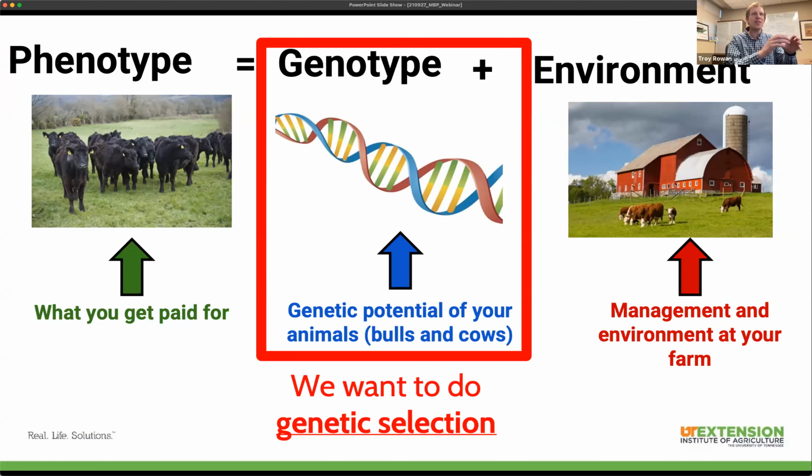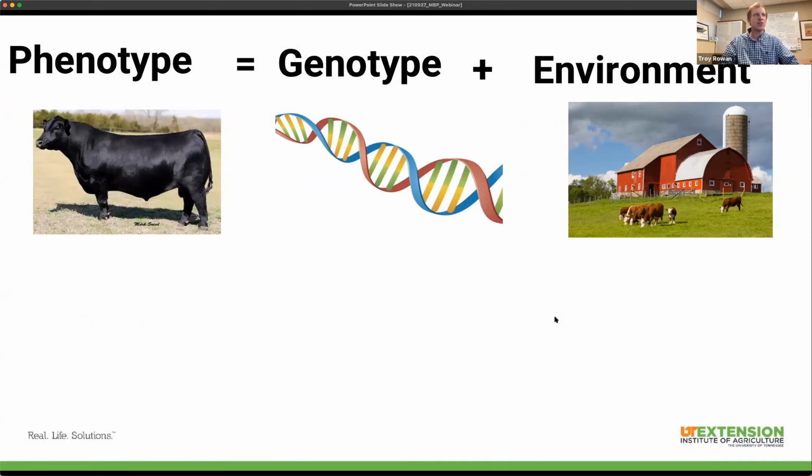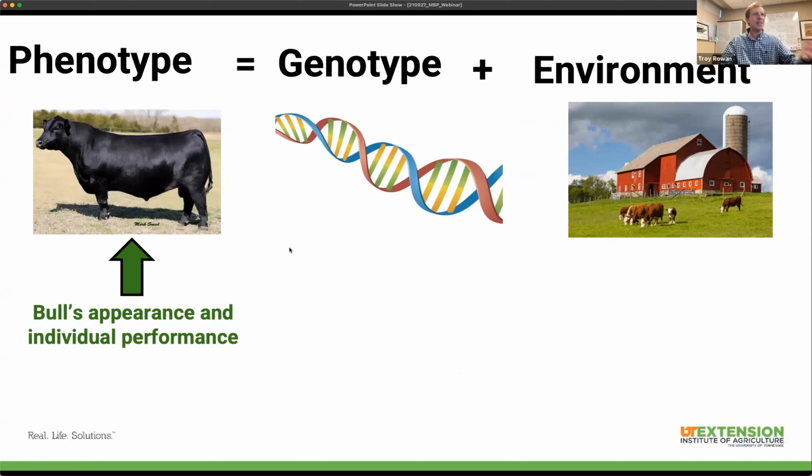And so when we're doing the selection that's going to be the most effective in increasing the herd's genetic merit over time, we want to focus in on this genetic component and not so much on the management or things that can't be contributed on to the next generation. In the context that I'll give here, if we're doing phenotypic selection, we could be selecting on this bull's appearance or his individual performance.